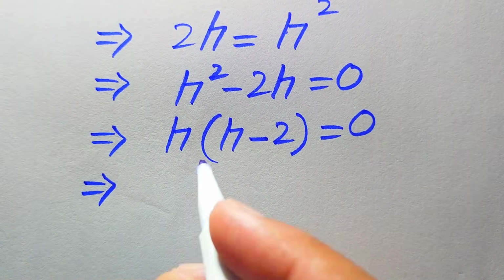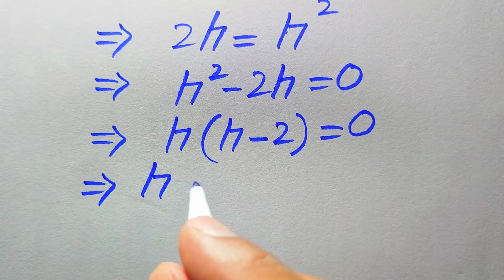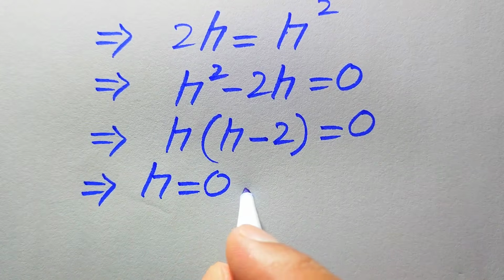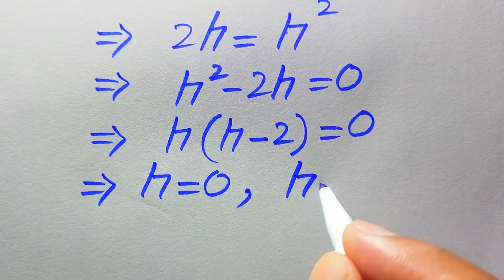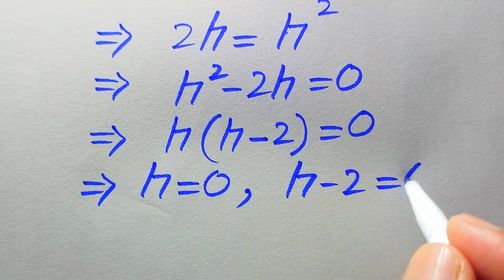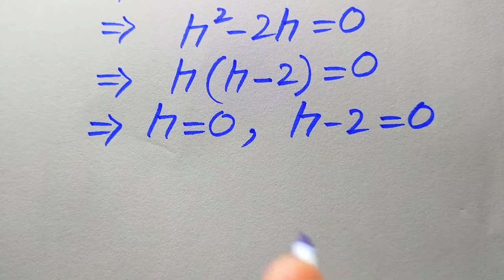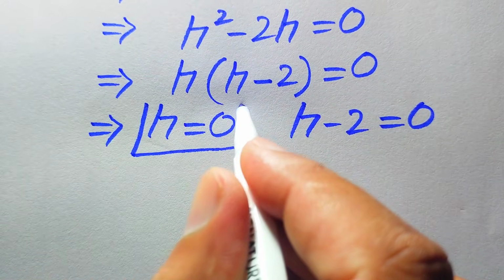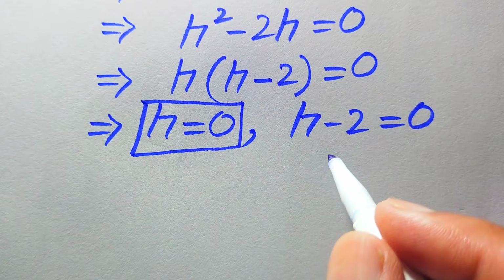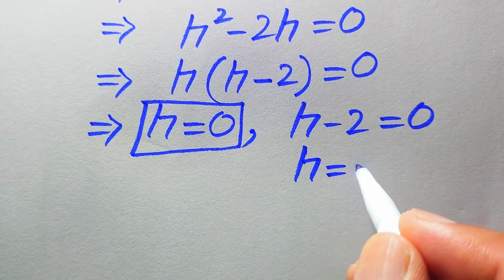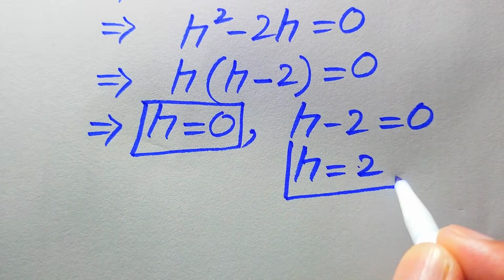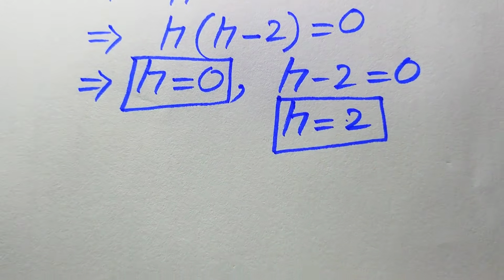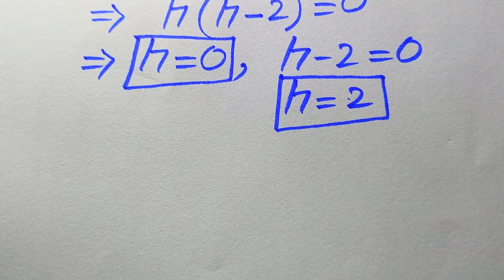Now we divide this equation into two cases. The first case is h is equals to 0, and the second case is h minus 2 is equals to 0. This is the first root of the given equation, and from the second we move minus 2 to the right hand side and get h is equals to 2. So this is the second root.